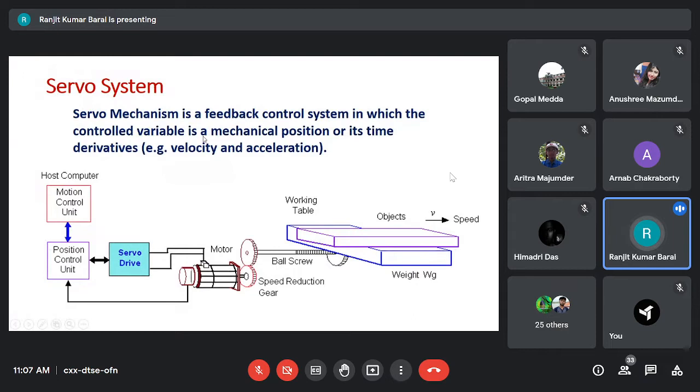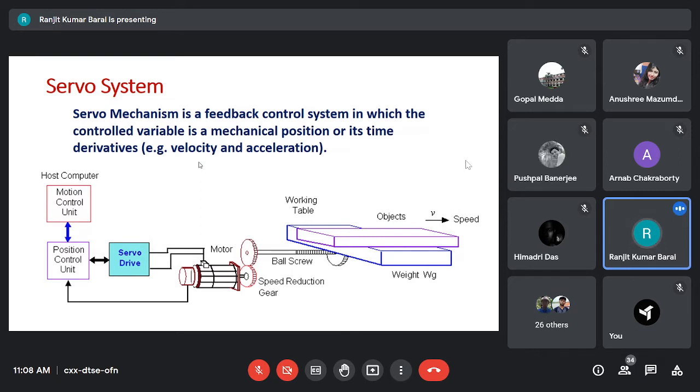So in servo systems, the actual control action, force or torque, is applied through various types of mechanisms, like hydraulic systems sometimes, where a lot of force or torque is required, as it happens in the case of aircraft landing systems and the precision position control of the various components of the aircraft wing.